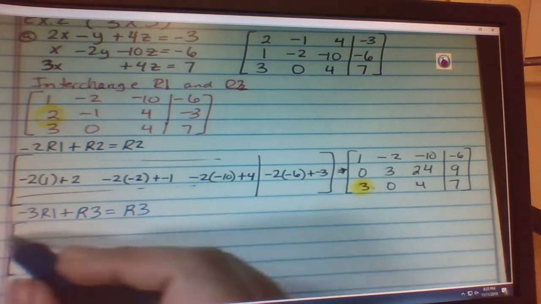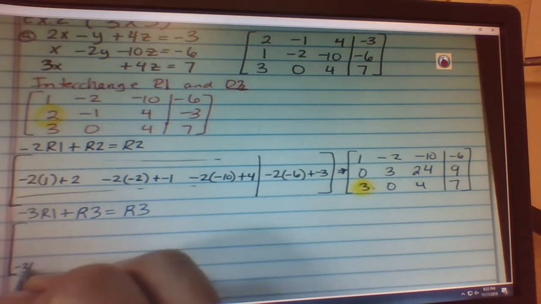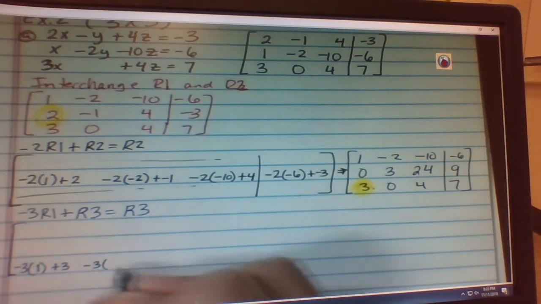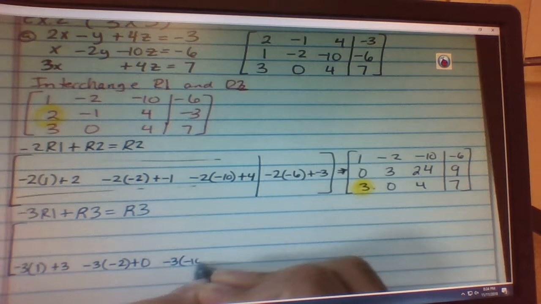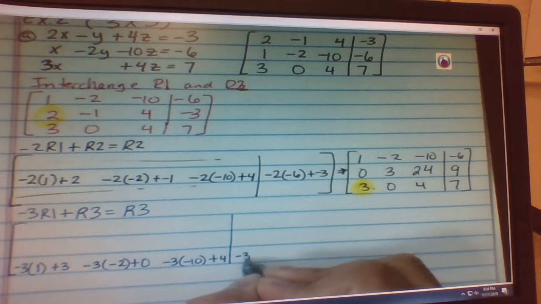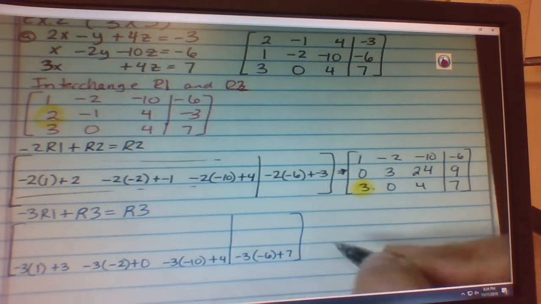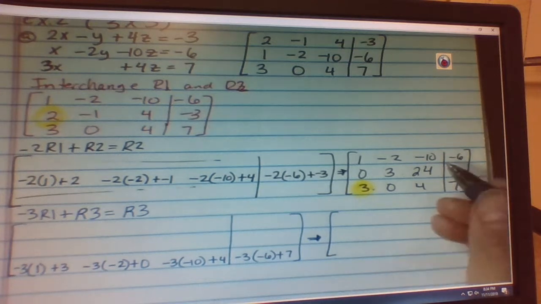So we don't do anything to the top and the middle. -3 times 1 plus 3. -3 times -2 plus 0. -3 times -10 plus 4. -3 times -6 plus 7. So the first two rows don't change.